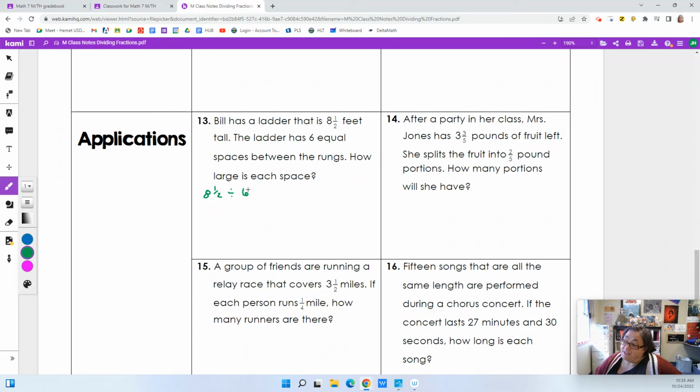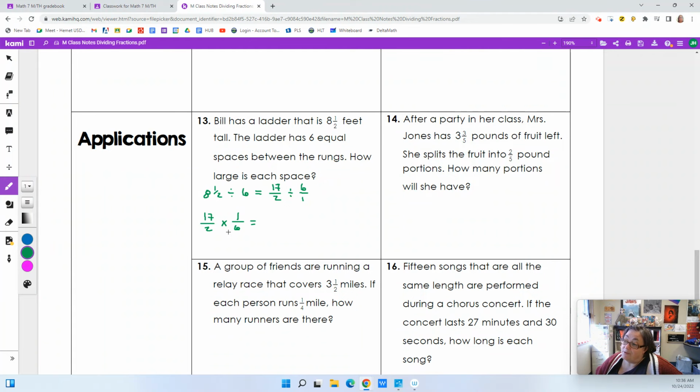And so now we have to convert this, right? We know we have 8.5. So 8 times 2 is 16 plus 1 is 17. So we have 17 over 2 divided by 6 over 1. And now we're just going to make it a multiplication problem. 17 over 2 times 1/6, which is good.